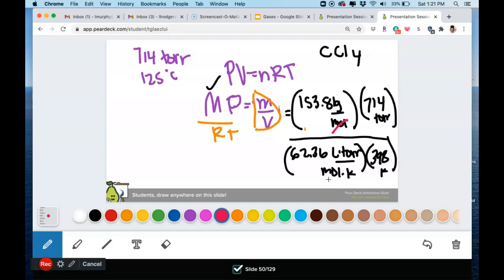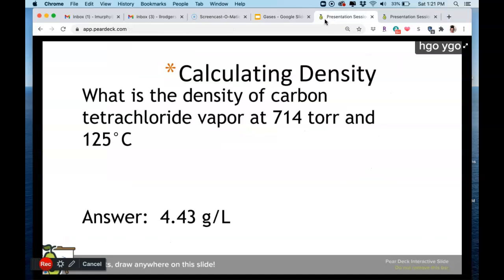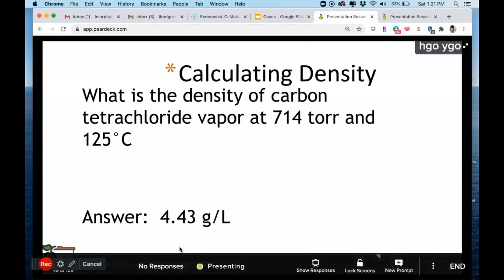So look, moles cancel, Kelvin cancel, torr cancel, and you're left with grams divided by liters. That is a unit for density. So multiply these, then divide by 62.36, and then divide again by 398, and you will get the substance's density. And so you should get 4.43 grams per liter.